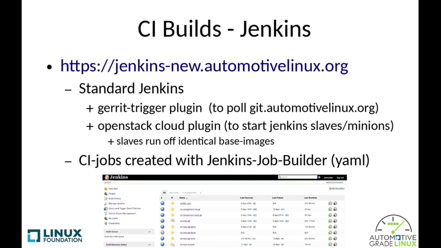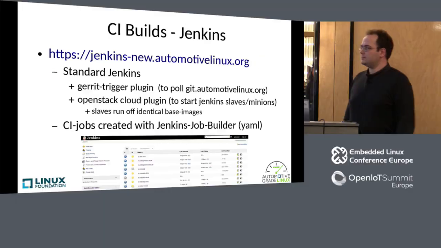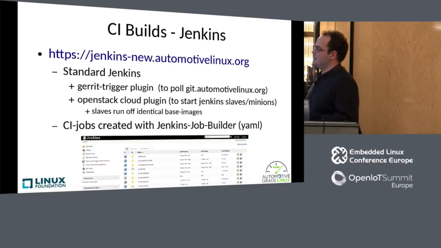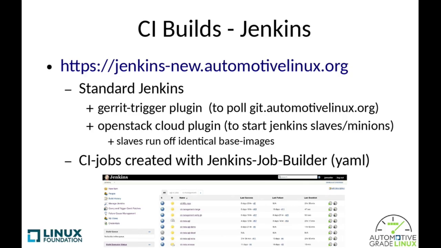All of the minions run off an identical base image, so we get reproducible build environments, always the same build environment. And to keep track of our CI jobs, we use Jenkins Job Builder.